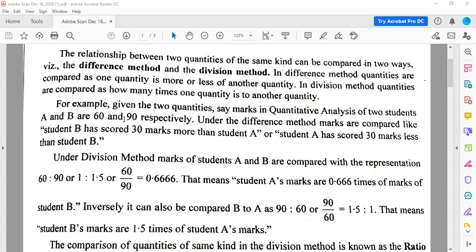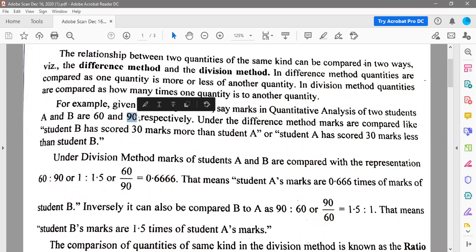Student B has scored 90 marks. So student B has scored 30 marks more than student A. So the difference between the two of them, 60 and 90, is 30, and we are saying that student B has scored 30 marks more than student A. Another way, we can also say student A has scored 30 marks less than student B. If you see the first sentence, the comparison is on the greater side.